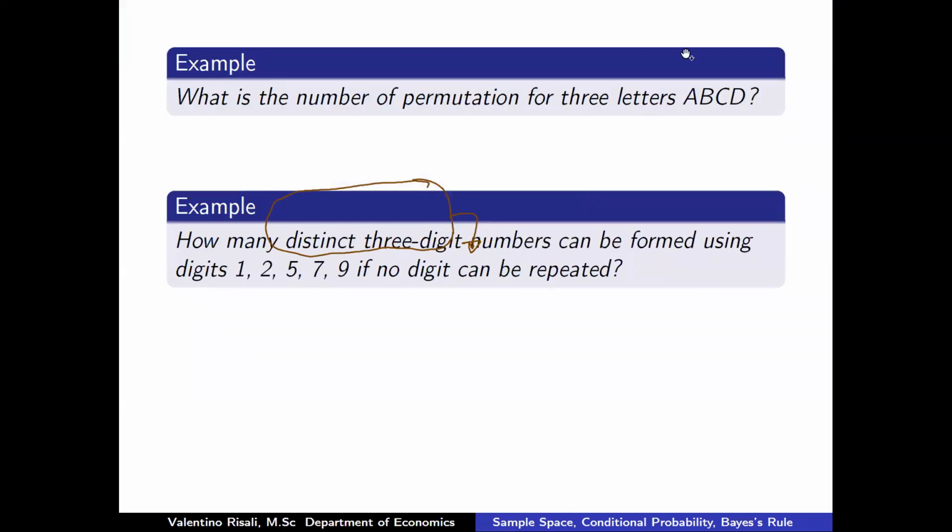Let us see the examples. For the first example, we must find the number of permutations of 3 letters from the 4 letters A, B, C, and D. That is, we must arrange 3 letters.